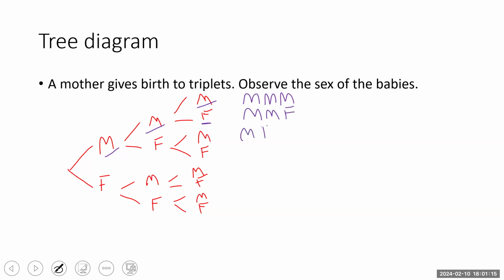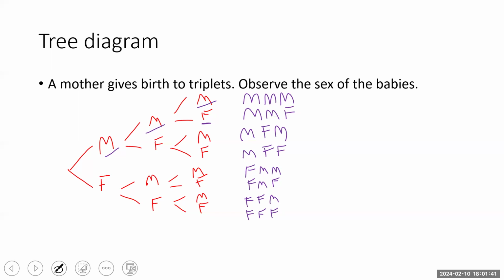Okay, I can have male, female, male, male, female, female. And now I can start on the other ones. Female, male, male, female, male, female, female, female, male, and female, female, female. Okay? So I have 8 possible arrangements of these babies here.